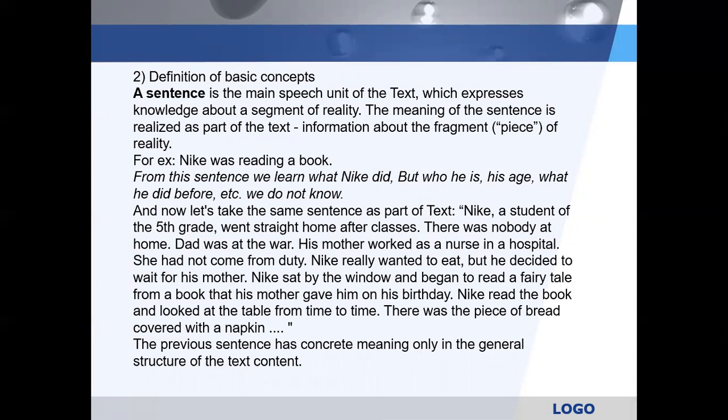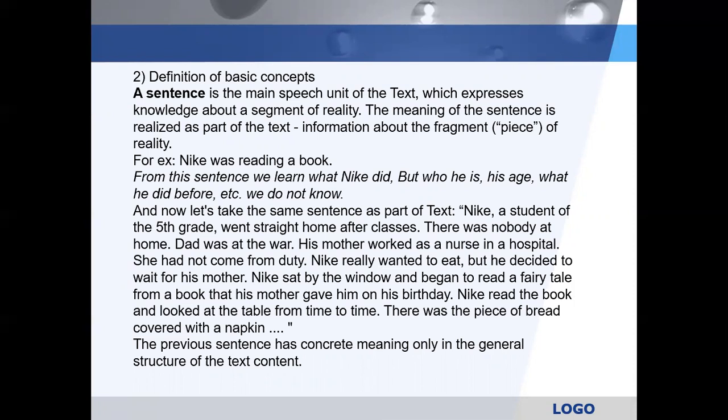From this, we learn what Mike was doing, but no other information, maybe about his age, his occupation, what he did before. We don't know such information.